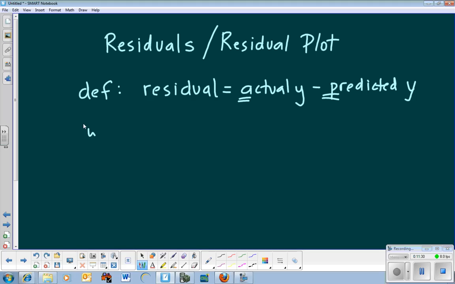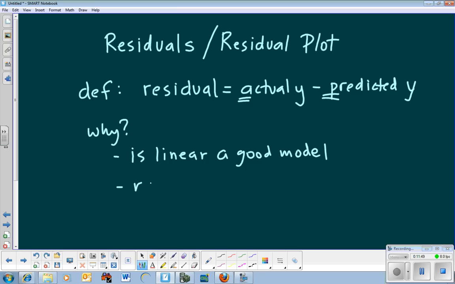So why are we going to make this plot? Well, it tells us: is a linear model good? Is it appropriate to summarize this data with a straight line pattern? What we want to see is a random pattern all over the place.